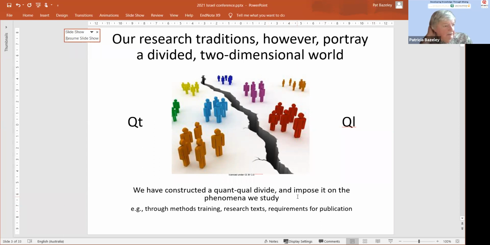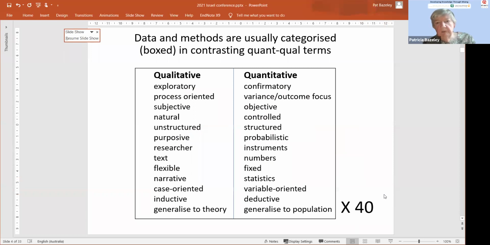Methods training is typically you will do a course on quantitative methods, you'll do a course on qualitative methods, rather than a course on just doing research. And so data and methods get boxed into contrasting qual and quant terms.